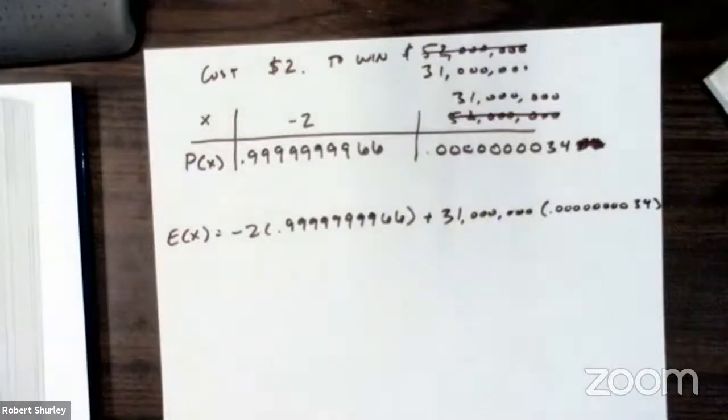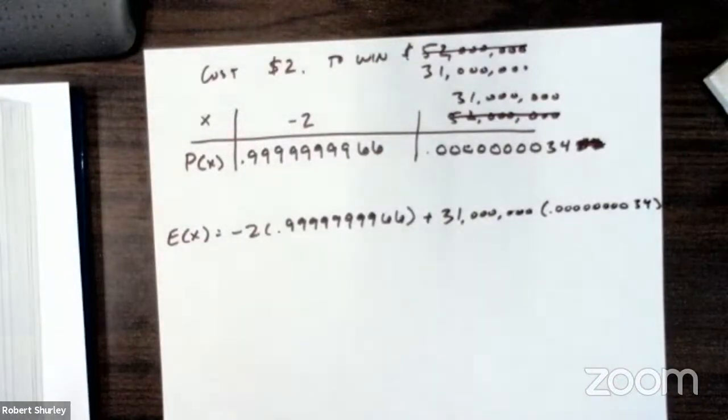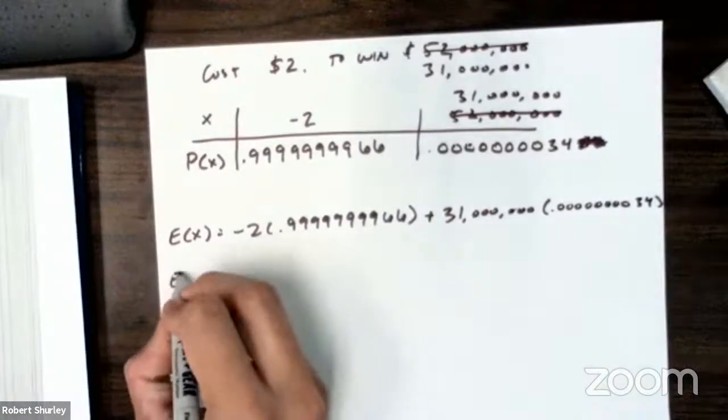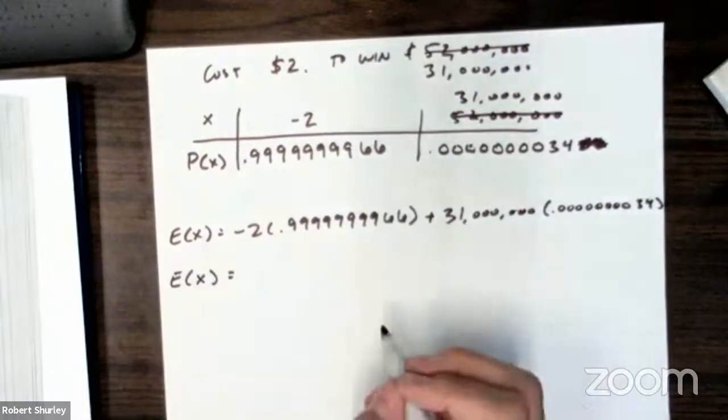Okay. So let's do this in the calculator. So -2 times that plus 31 million times 1 minus. Now I'm going to round this to Okay. You took off the 2 2s.